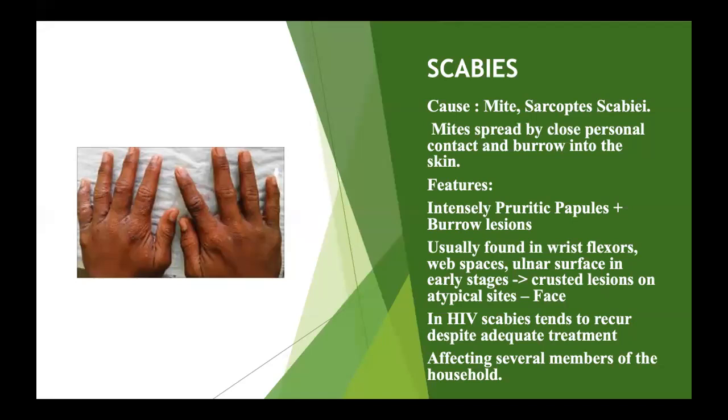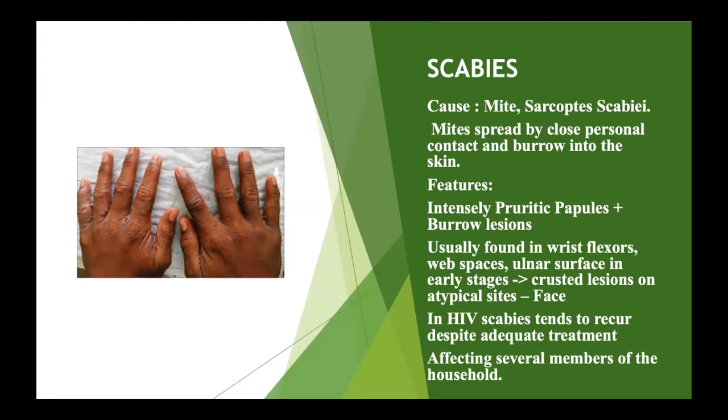These lesions are intensely pruritic papules, and yeah, they're very, very pruritic. The extension is usually found in the wrist flexors, in the web spaces, in the ulnar surface, in early stages rather.